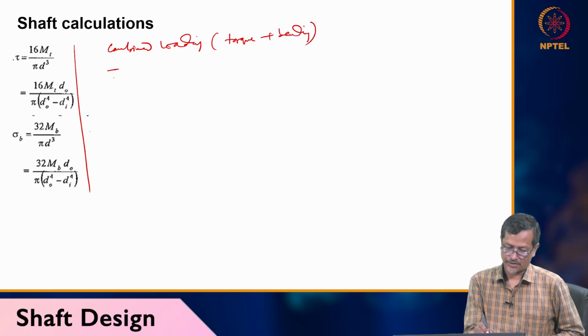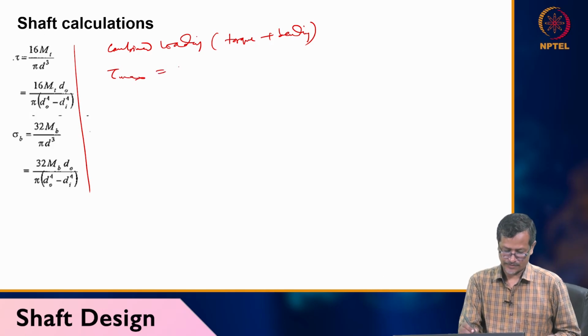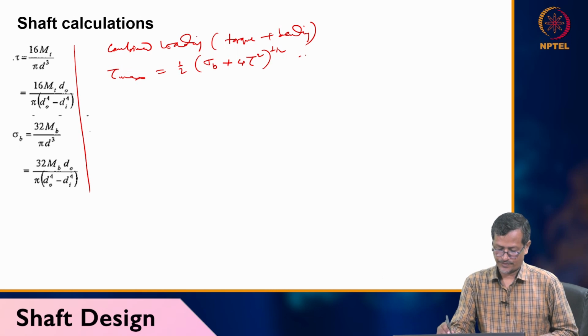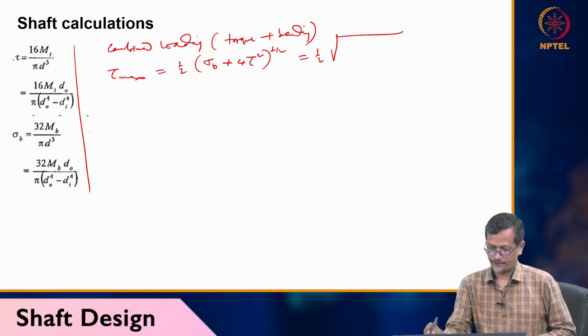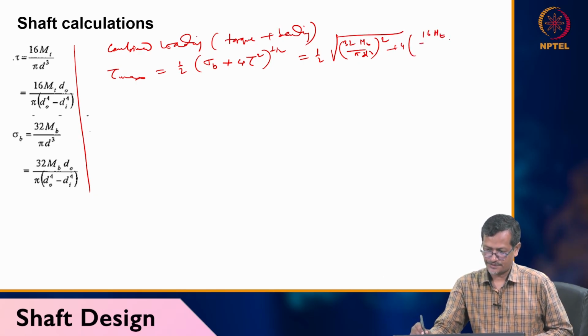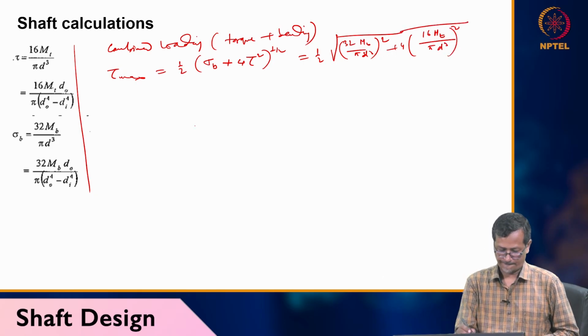In that case, tau max equals half of (sigma b square plus 4 tau square) to the power half, equals half into (32 Mb by pi d cube) square plus 4 (16 Mt by pi d cube) square. So this is the maximum shear stress theory.